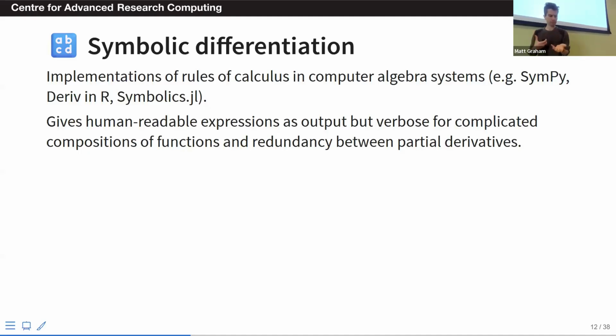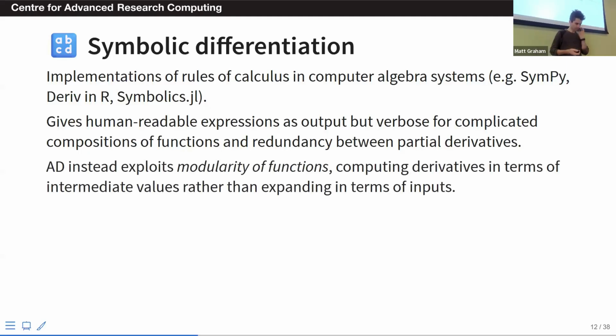And we could apply some sort of common sub-expression elimination to the outputs of this, but it turns out that autodiff alleviates the need to do that. We get this avoidance of redundancy for free without having to do a separate optimization step.